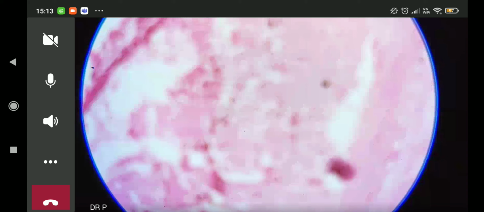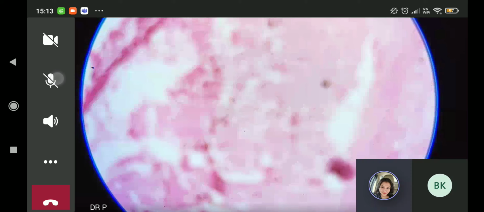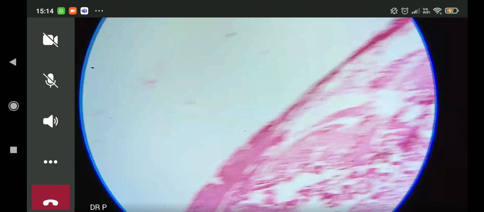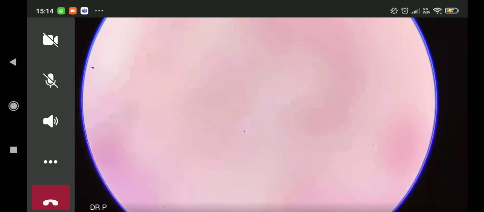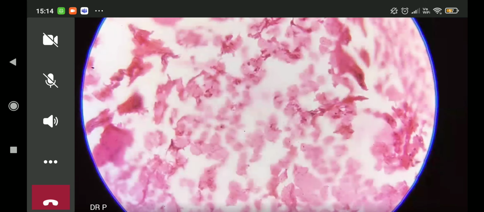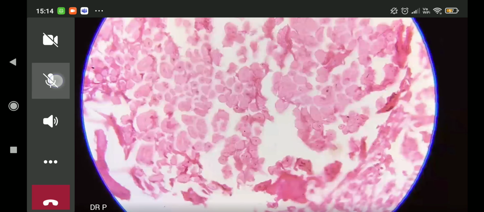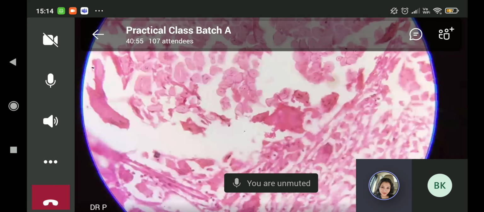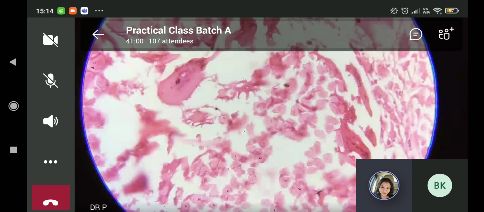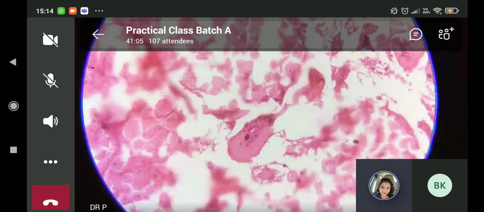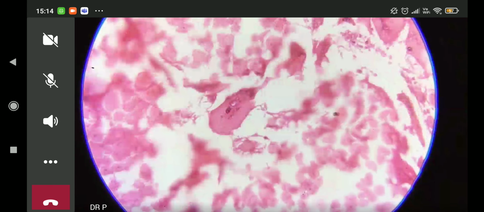So look at this. All of it is suture material. You can't see any hint of any cell over here. There are no lymphocytes. There's just this alien material. The staining has faded out. If you look carefully, the thing in the center is called a foreign body giant cell.